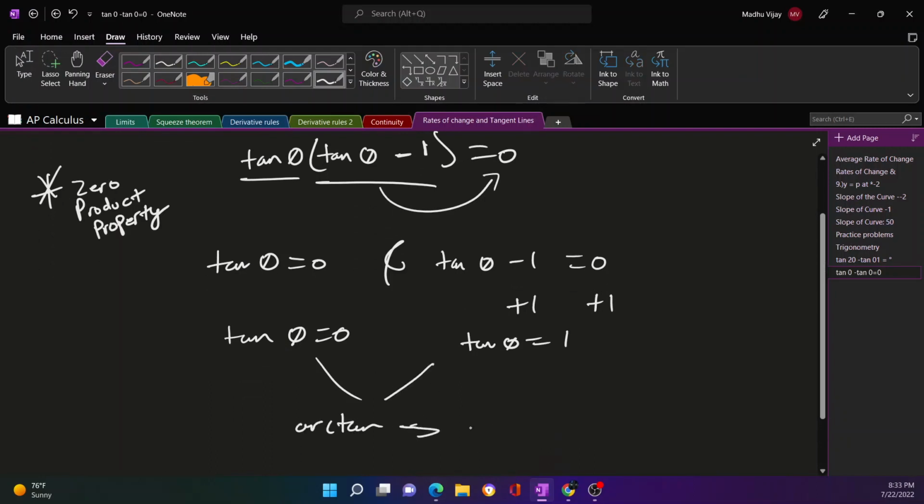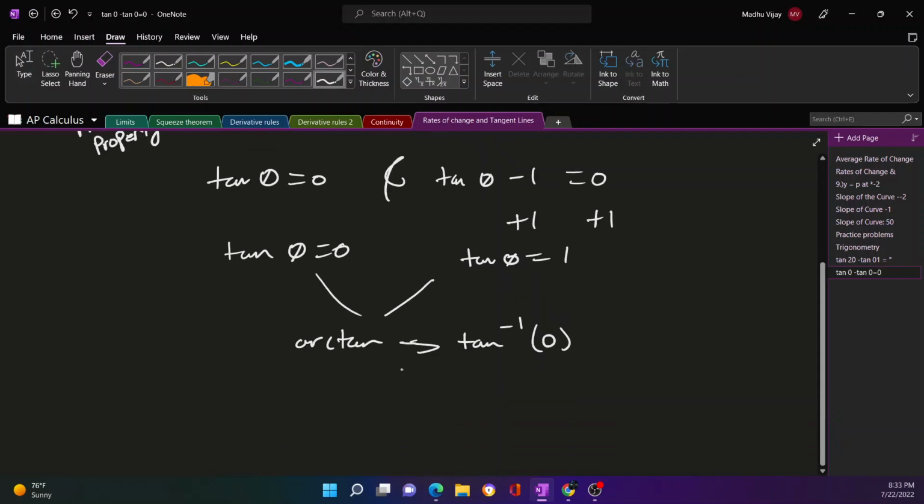By the way, arctan can also be written like this: tan inverse of 0, and tan inverse of 1. And we can just leave it like this.